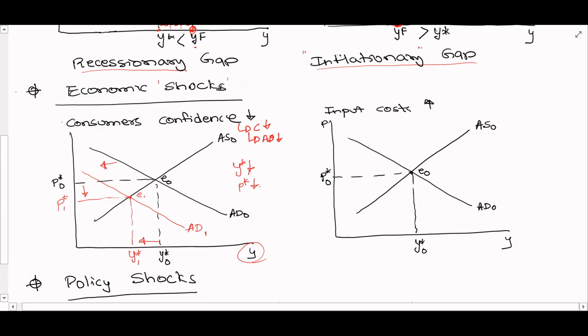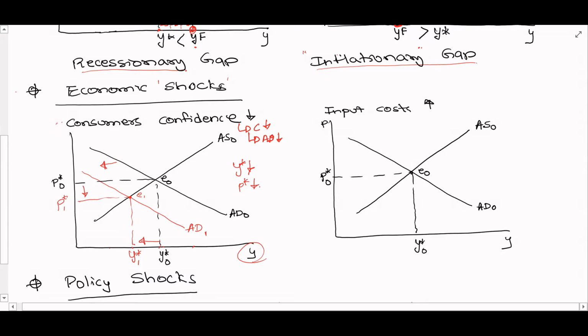Now notice in this one we are not so much concerned right now about where the full potential capacity is. If you have a YF either here or here or here, the self-correcting mechanism will always be playing its part, in addition to the economic shocks.